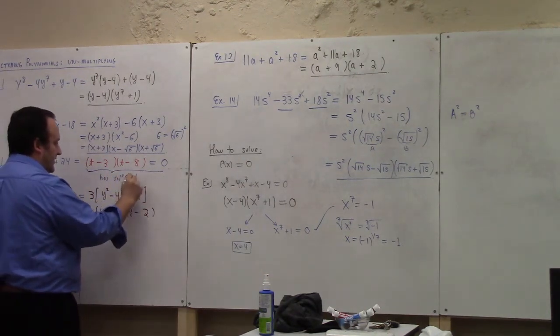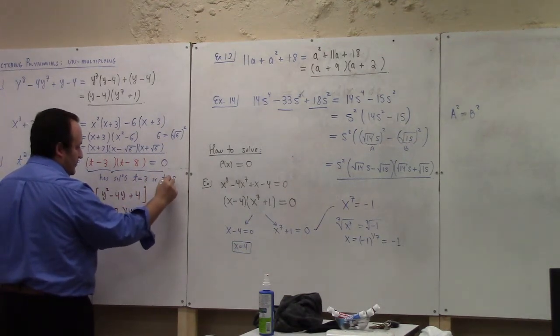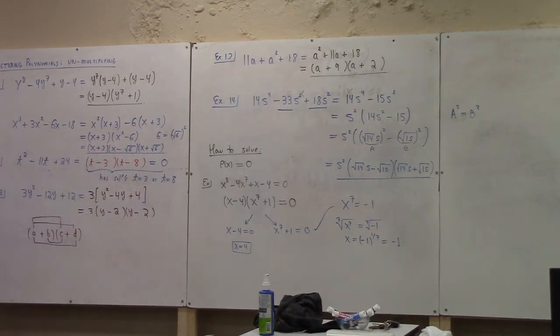It has solutions t equals 3 or t equals 8, because if you plug in 3 or if you plug in 8, we get back out 0 times something or something times 0. Either way, we get 0. So what I'm trying to tell you is once we've factored the polynomial, we can easily solve the corresponding polynomial equation. And that's part of the reason we're interested in factoring.